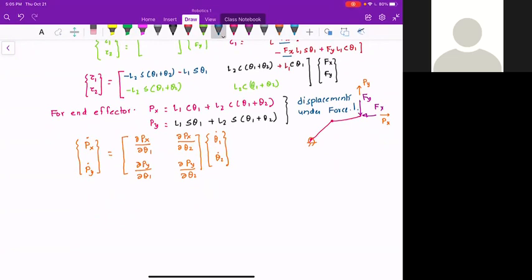So what I'm going to do is find partial px divided by partial theta 1.